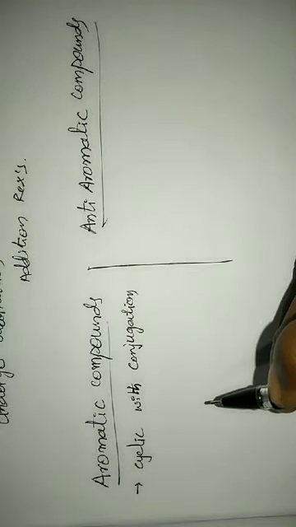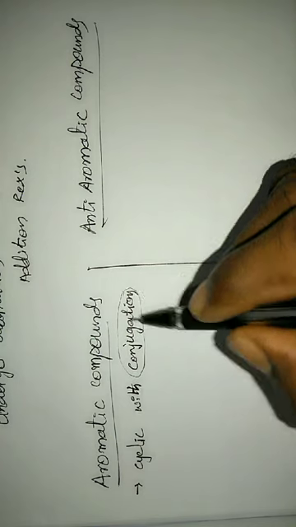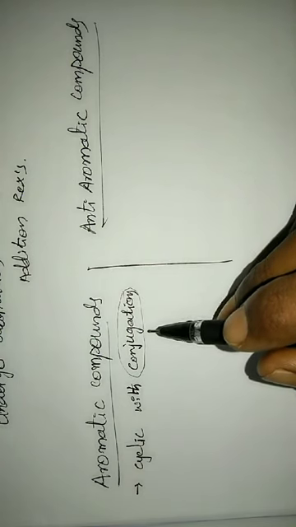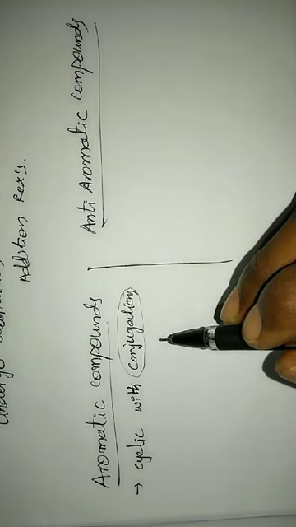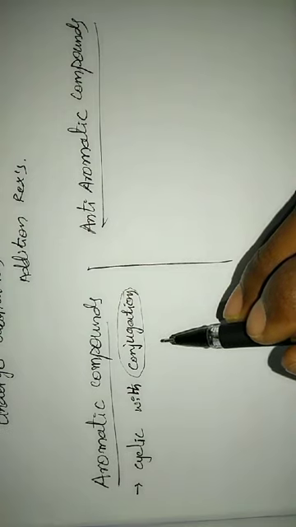This is the first condition for aromatic compounds. Here we have already discussed conjugation or conjugated systems. Conjugation or a conjugated system means pi bonds should be alternately present in the molecule.